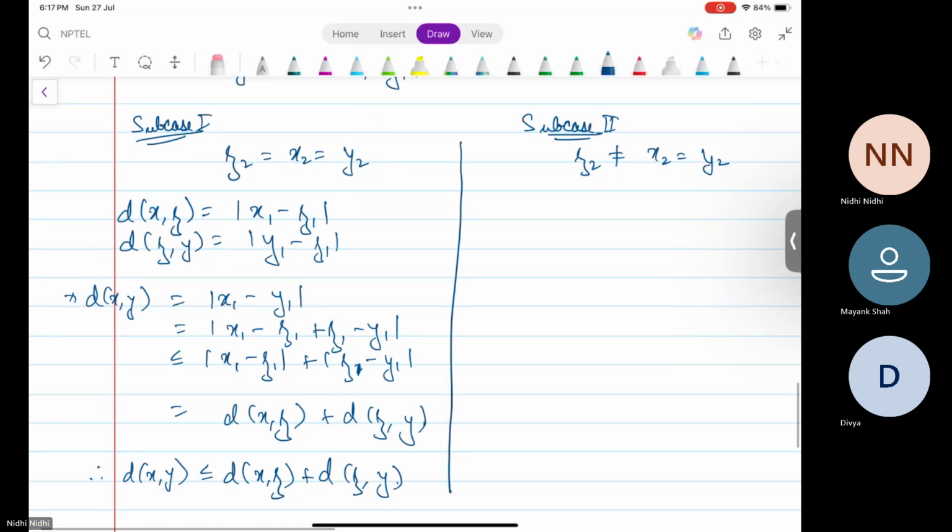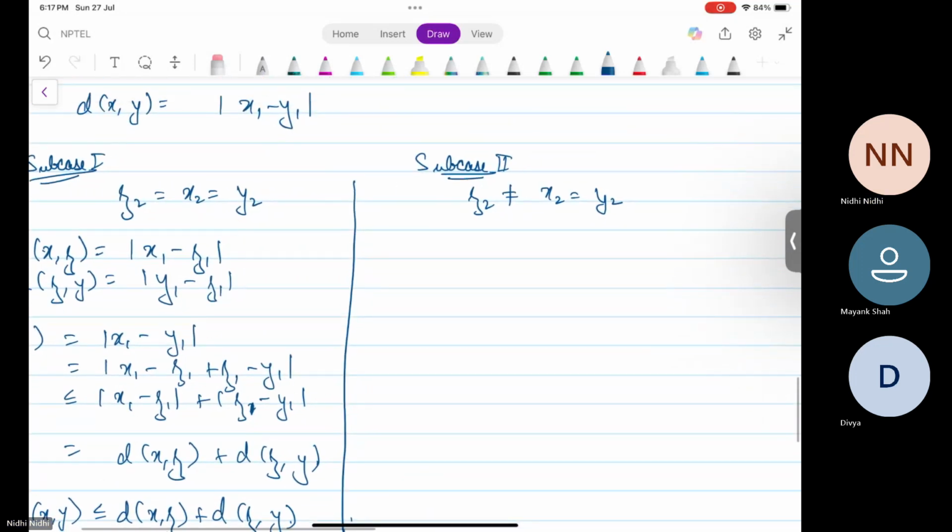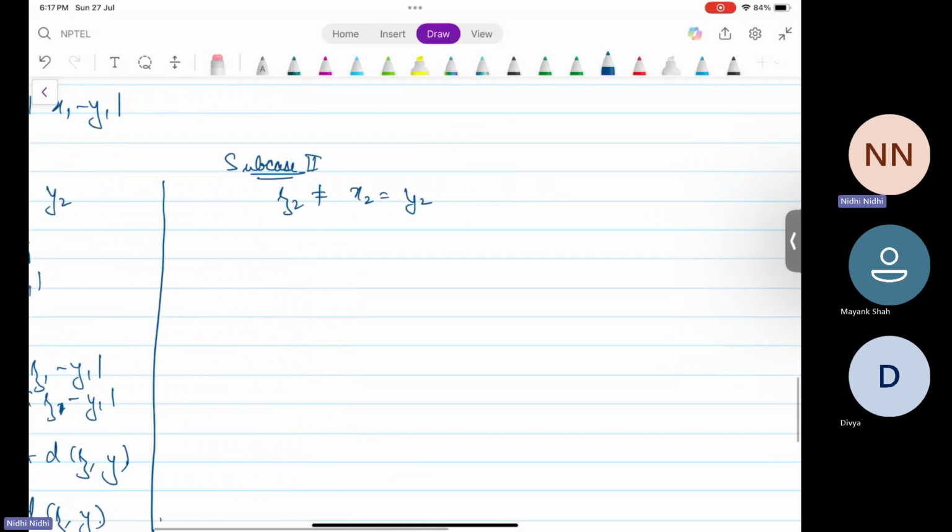So here, in this case, dxz, now x2 is not equal to z2.